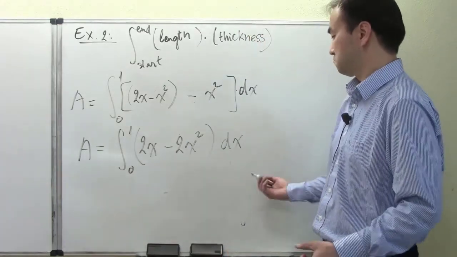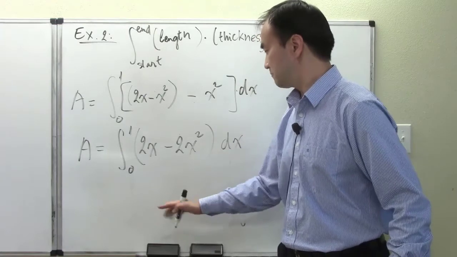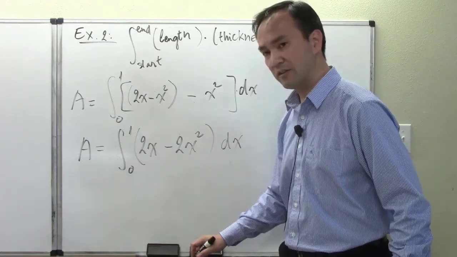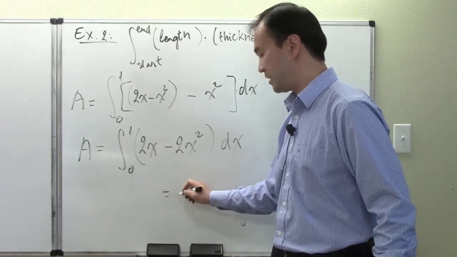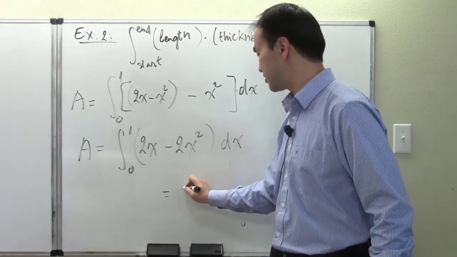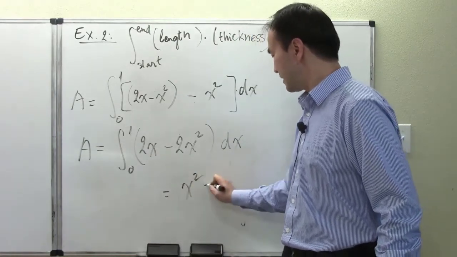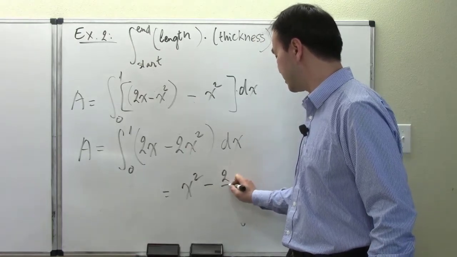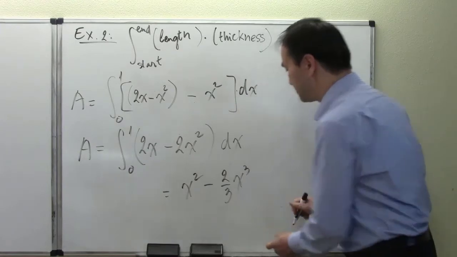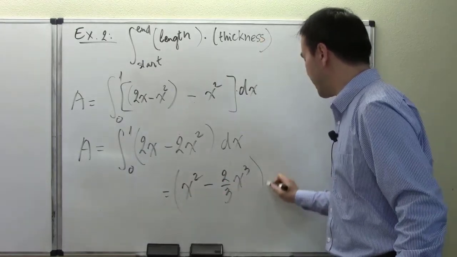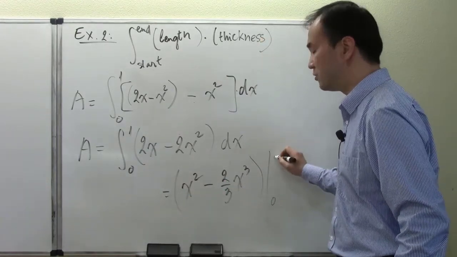Now just strictly follow the fundamental theorem of calculus. The first term gives me, in terms of the antiderivative, just x squared. The next term gives me 2/3 x cubed. And now we are ready for evaluating from 0 to 1.